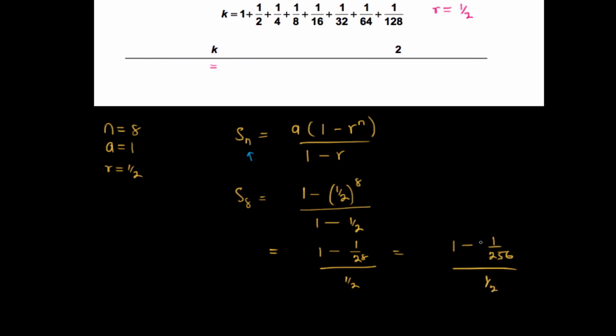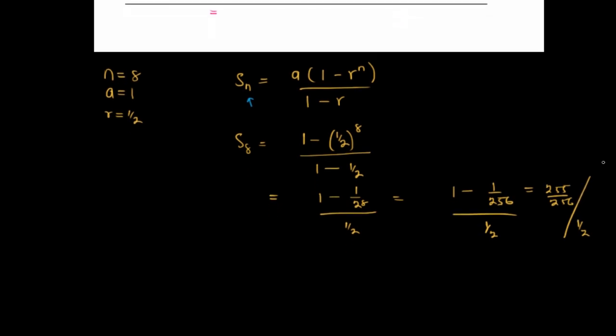So 1 minus 1 all over 256 is going to give you 255 divided by 256, then all divided by 1/2. So let's write our solution. S8 equals, when you divide that, you have 2 multiplied by 255 divided by 256. So now this is what we have.